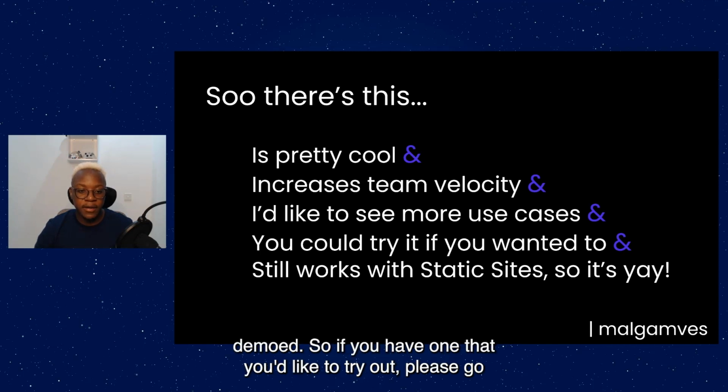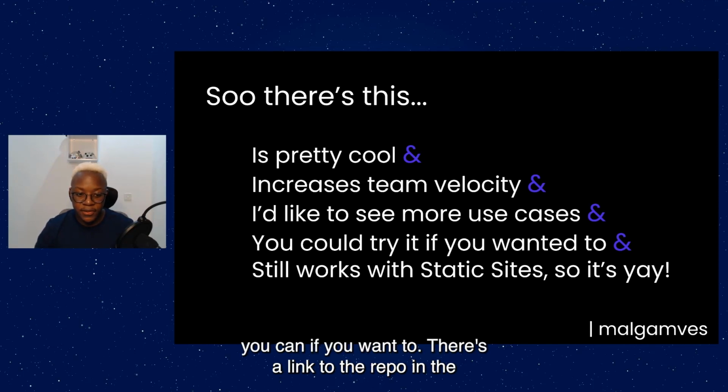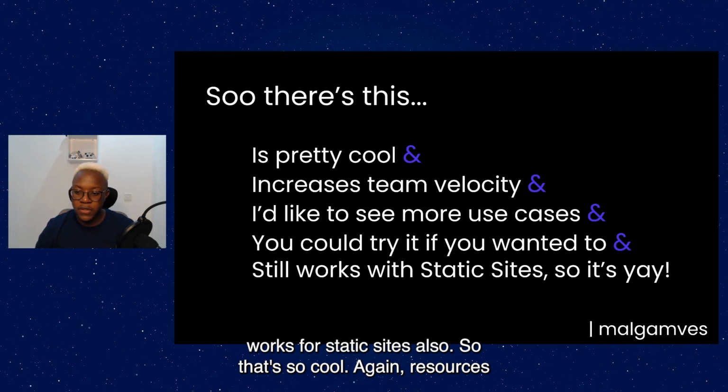So if you have one that you'd like to try out, please go ahead and share that if you can. If you would like to try this out, there's a link to the repo in the resources, which I'll be sharing again in a few slides. And it works for static sites also. So that's so cool.